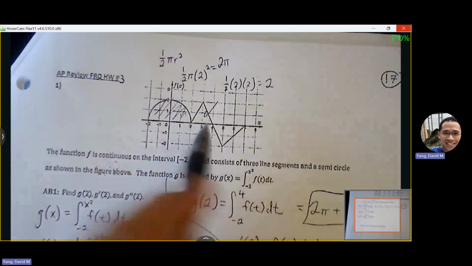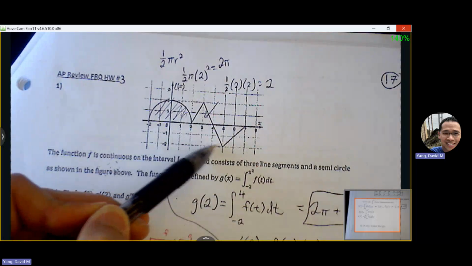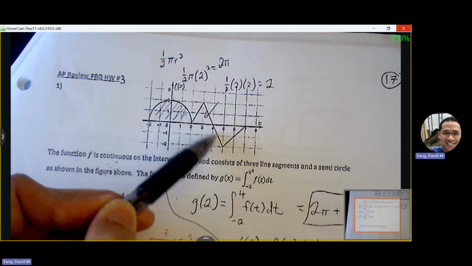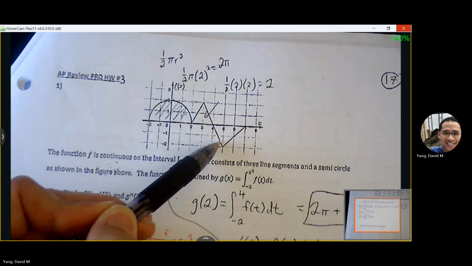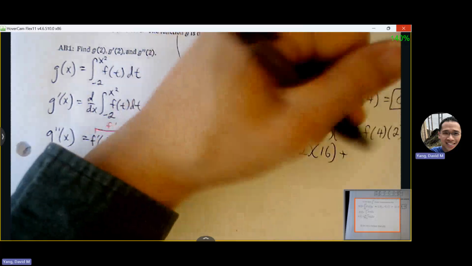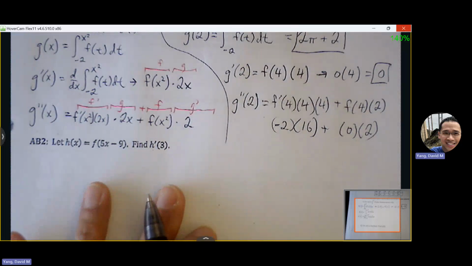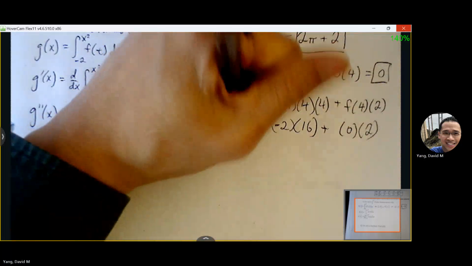So the slope of the f graph at 4, this is part of a negative slope here. I go down 2 over 1. The slope of this line segment is -2. And f of 4 is still 0. 0 times 2 is still 0. So -32 plus 0 is -32.